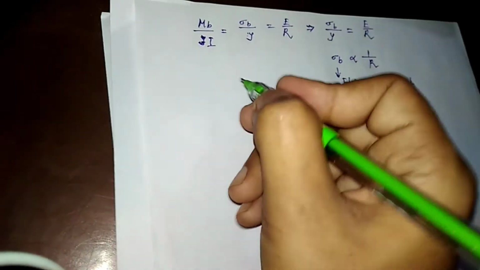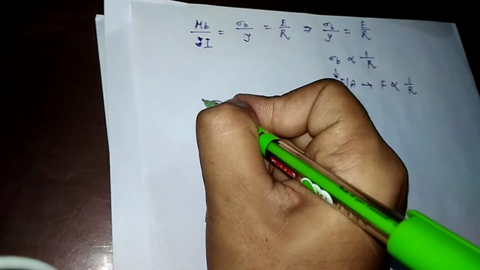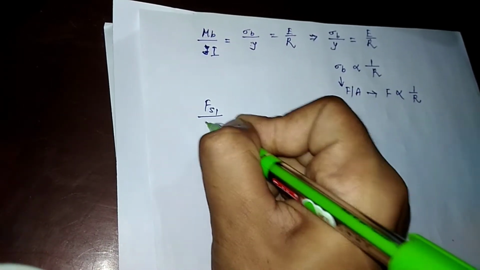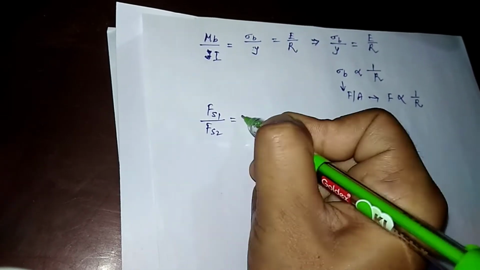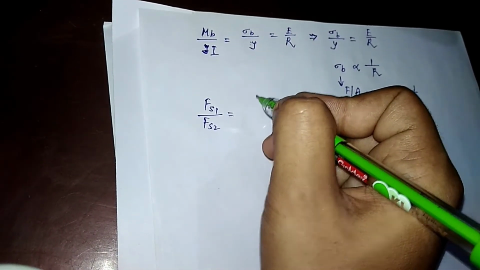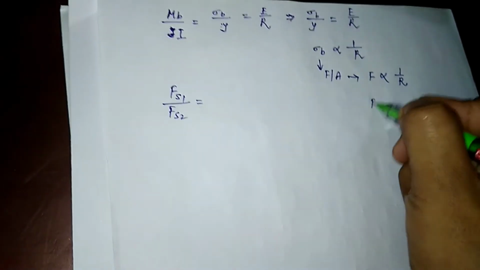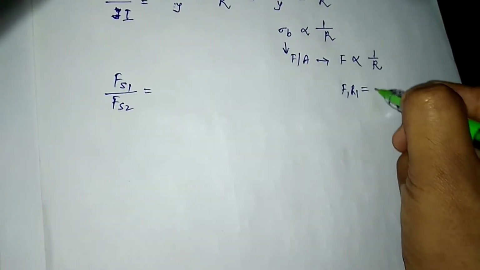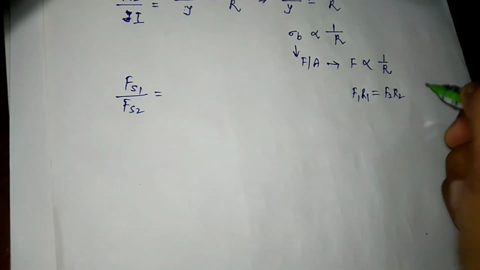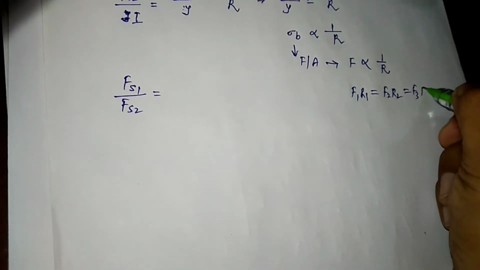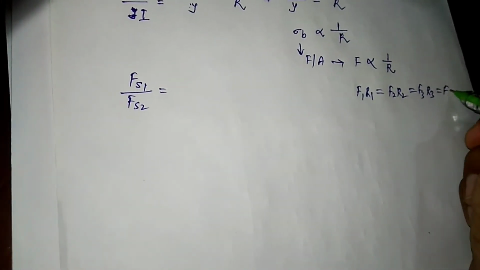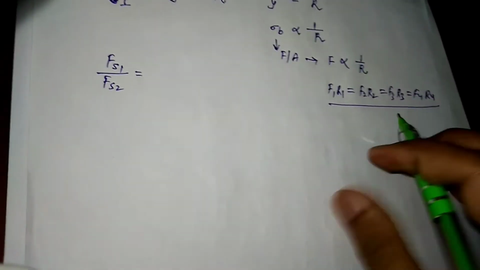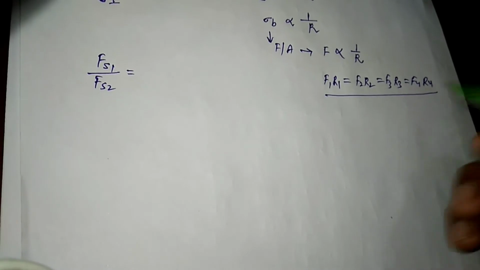So for all bolts, from here we can write F1 R1 is equal to F2 R2 is equal to F3 R3 is equal to F4 R4. We are talking of all bolts.